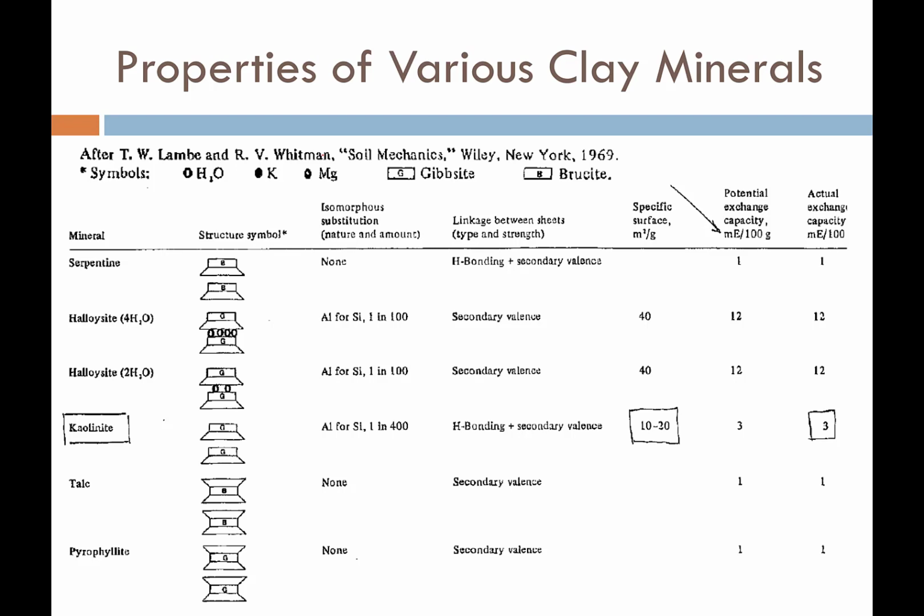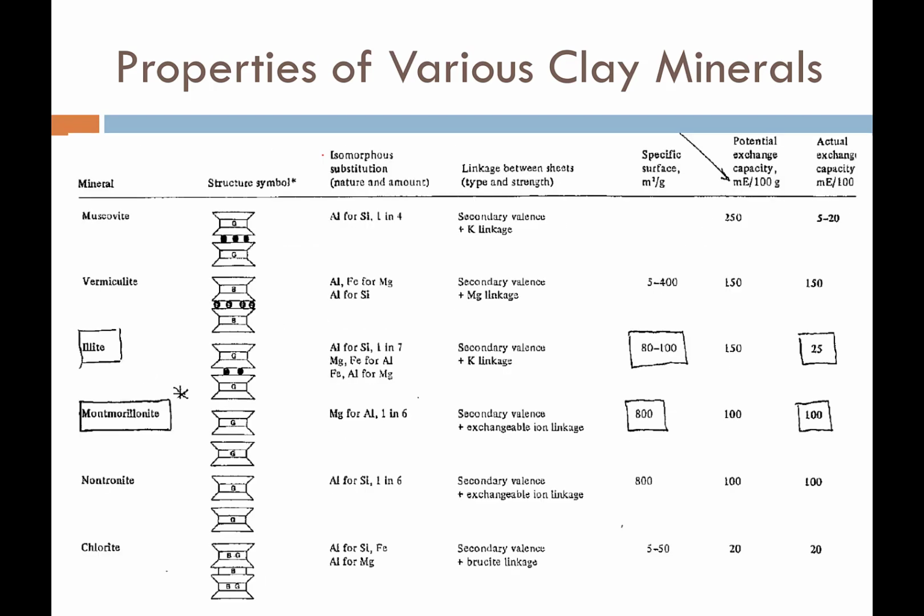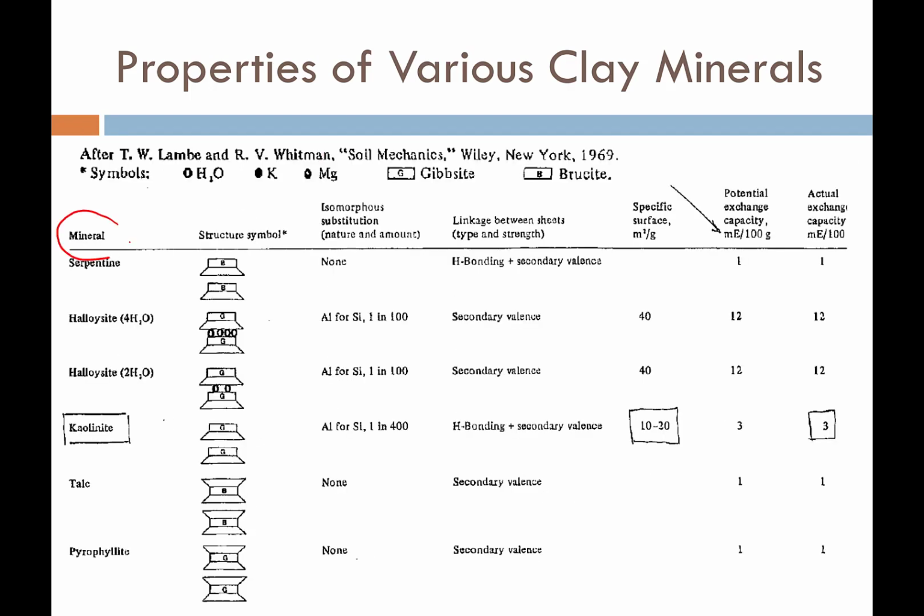This table and the table on the next page go through a whole variety of clay minerals, and show the structure of those clay minerals in terms of the symbology that we already talked about. You can see the octahedral sheet with a B, so that's brucite.